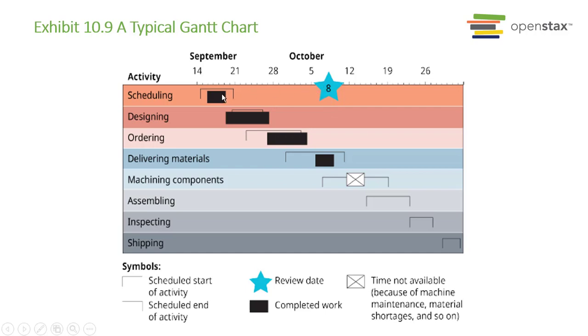And it's kind of letting you know when you look at schedule to start activity with a symbol here on the left. So there we go, schedule to start and schedule to end right there. So what happens is that for example, ordering cannot start until scheduling has been completed and designing has begun and maybe about halfway. So that's kind of how that thing's going to work, right? So you get the idea. That's a typical Gantt chart.